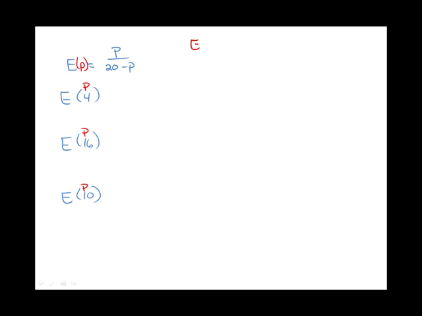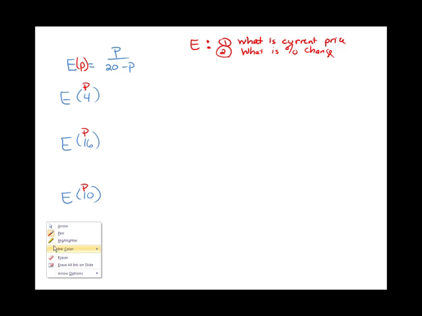So for elasticity, two items. One, what is the current price? And two, what is the percent of change. Okay, so those are going to be the two things that help us determine what's going to happen to the demand.